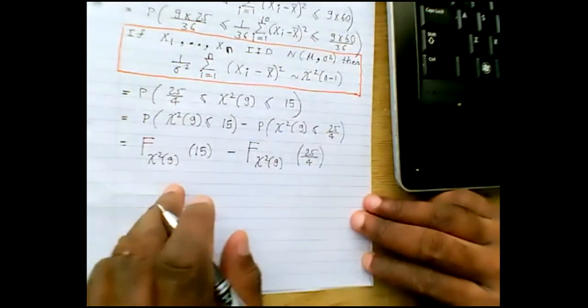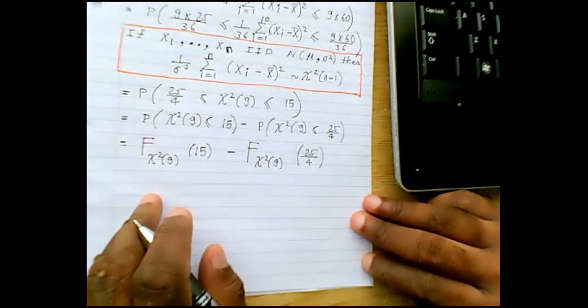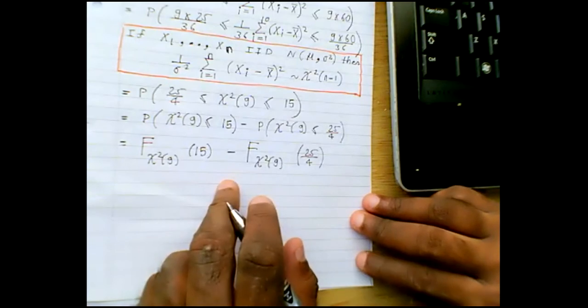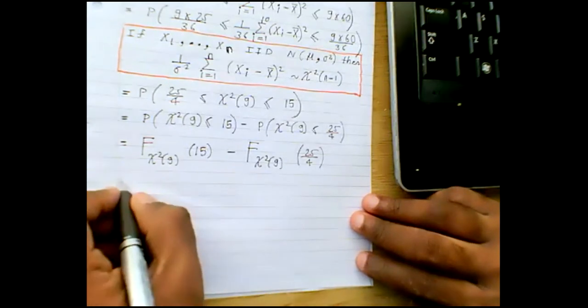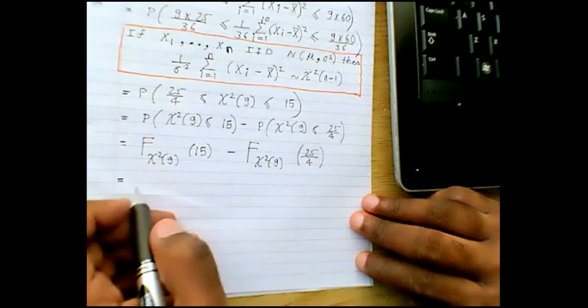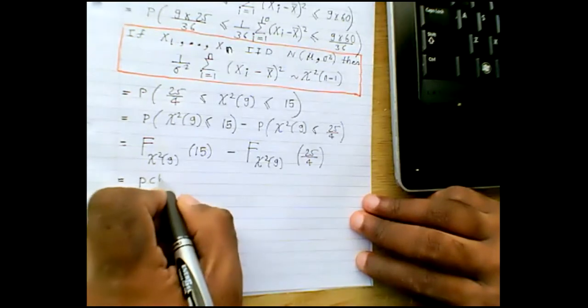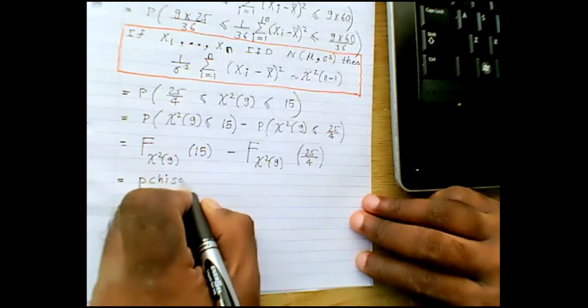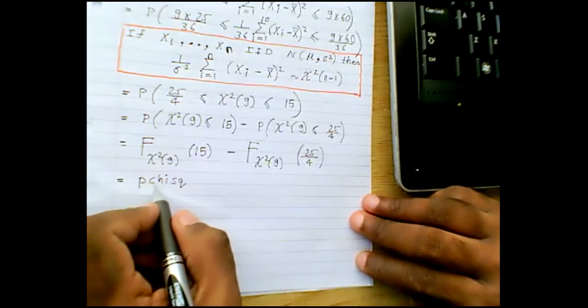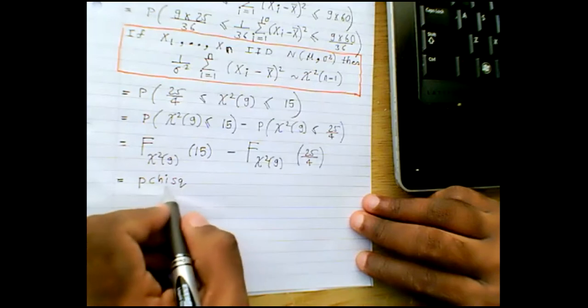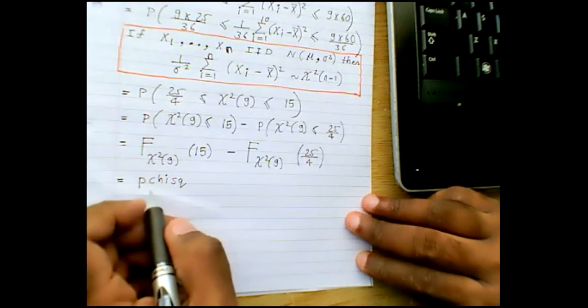Now this one you can read off R if you have R open in front of you, using the following command. This command pchisq computes the probabilities of a chi-squared variable.